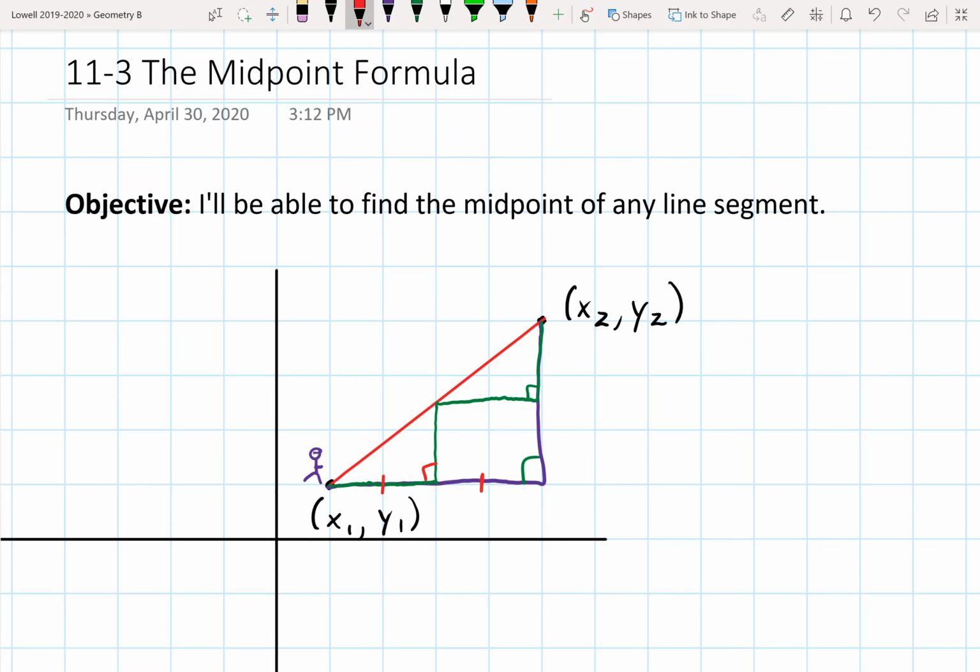We know that the entire distance, from x1, y1, is x2 minus x1. Since we defined this first step in our staircase to be only half the distance, then we know that this right here has to be x2 minus x1 divided by 2.